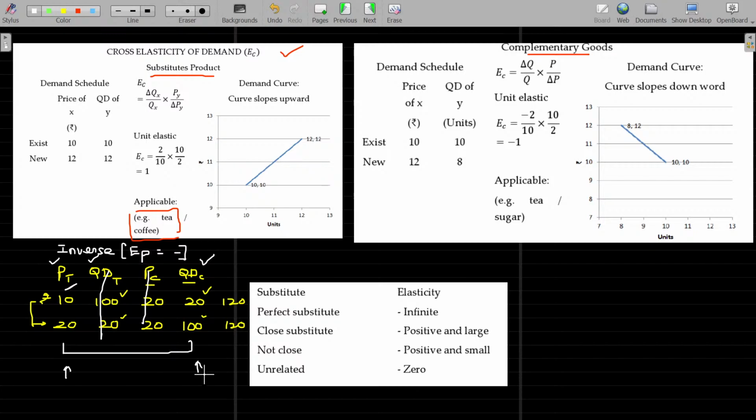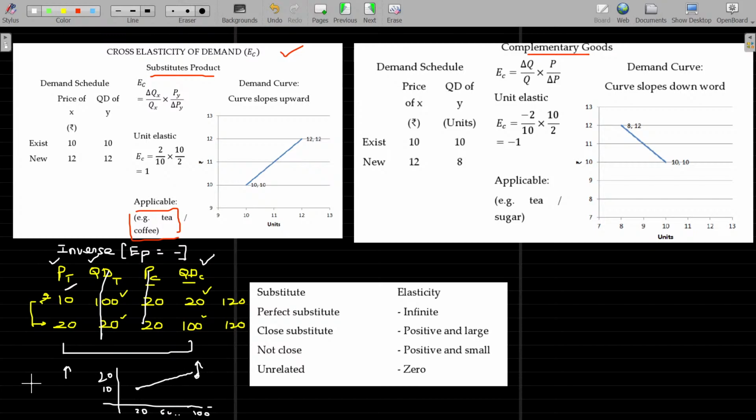Is that okay? So, assume that the price is 10 and 20, and the quantity demanded is 20, 60 and so on, probably 100 here. When the price is 10, the quantity demanded is 20. When the price is 20, the quantity demanded is 100.